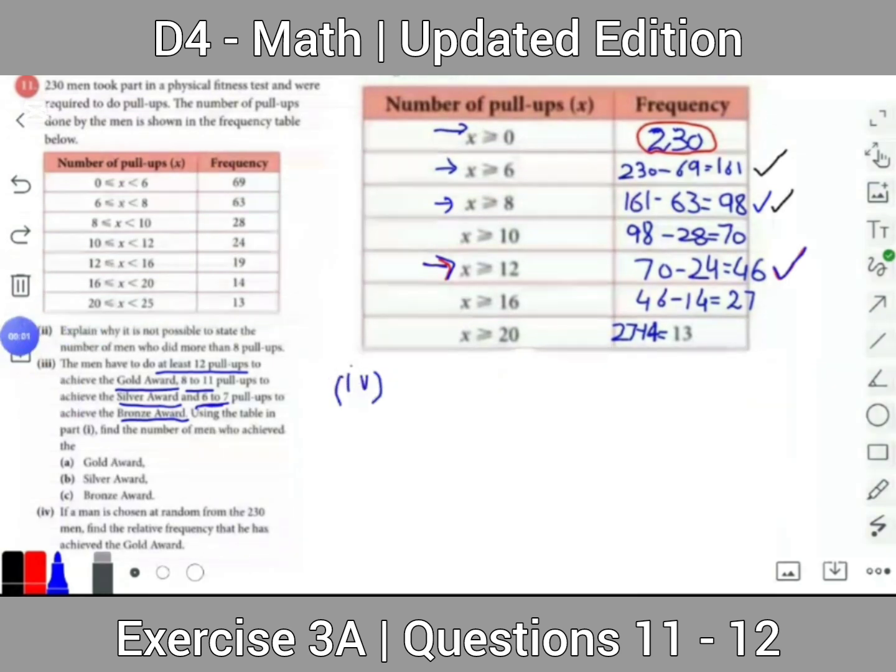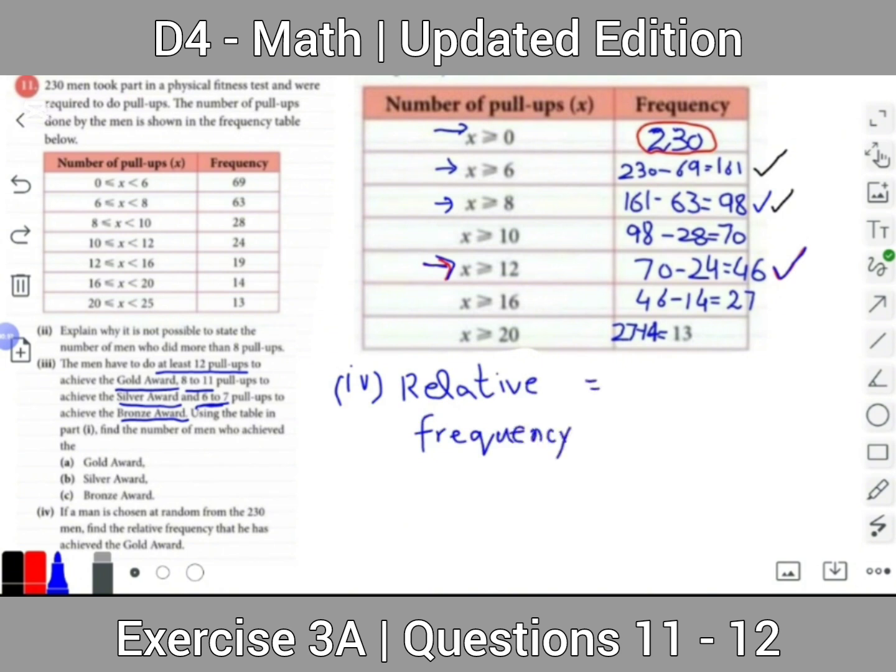Now part 4. If a man is chosen at random from the 230 men, find the relative frequency that he has achieved the gold award. So here to find the relative frequency, we have the formula: number of occurrences divided by total number of trials.